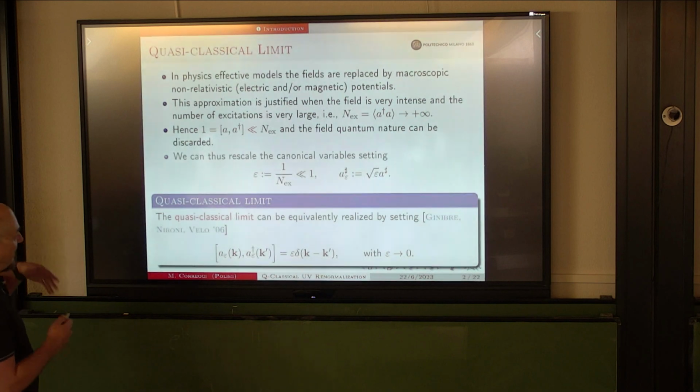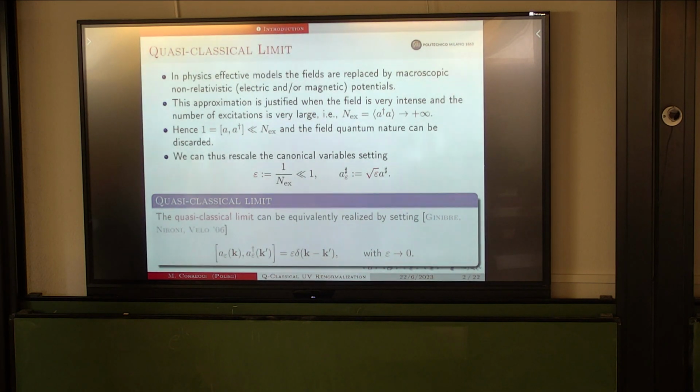Now, you can make it rigorous from the mathematical point of view, simply rescaling the variables by introducing a small parameter epsilon, which is 1 over that number. Redefining the canonical variables up to this prefactor square root of epsilon, the quasi-classical limit amounts to taking the commutator between the new variables a and a dagger proportional to this parameter epsilon.